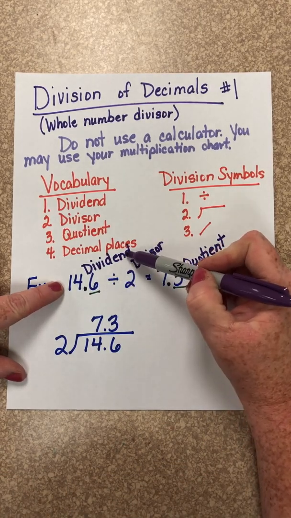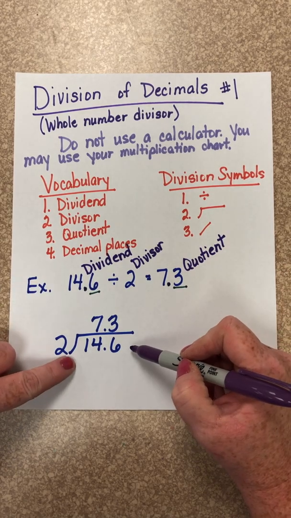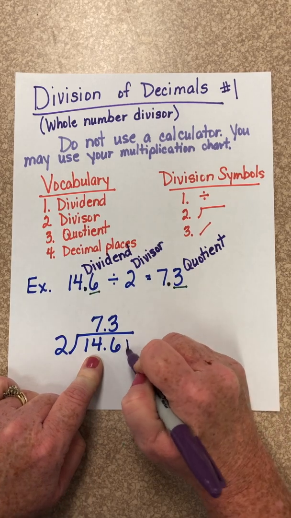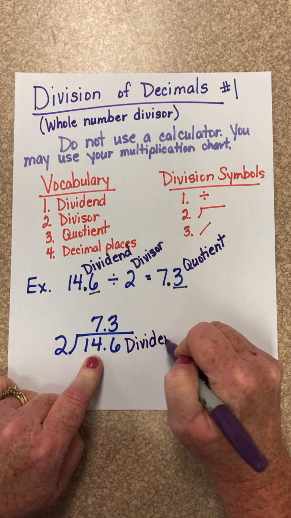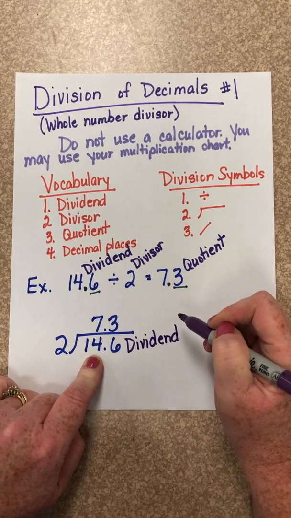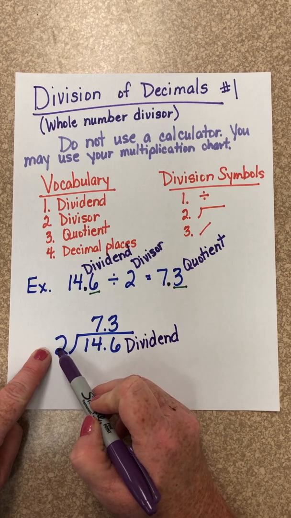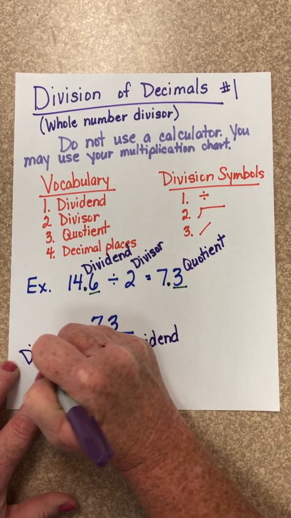14.6 is the dividend when written horizontally, but then when we use the long division symbol, 14.6 is still the dividend. That's the number on the inside of the division box. The second number is the divisor, so the number on the outside or to the left is the divisor.